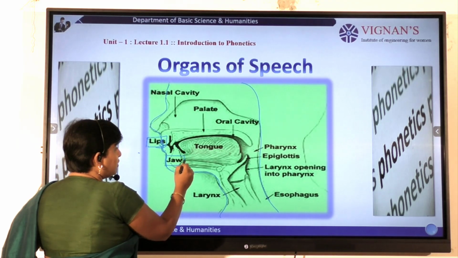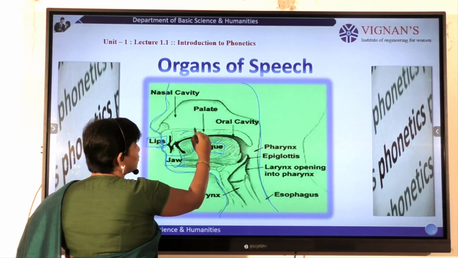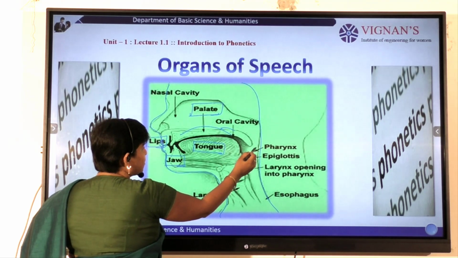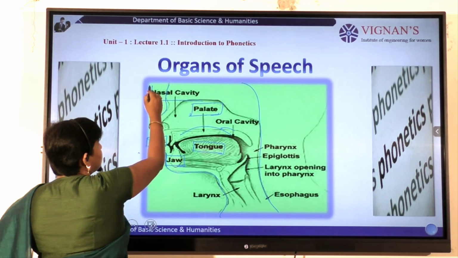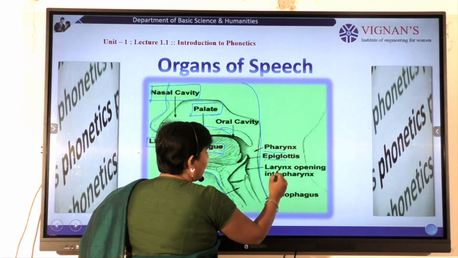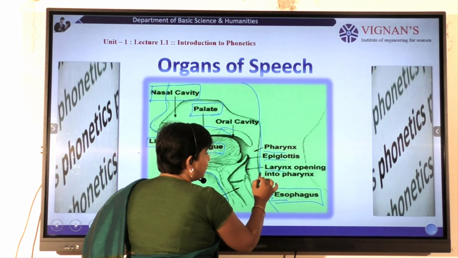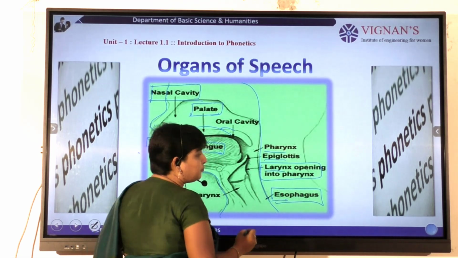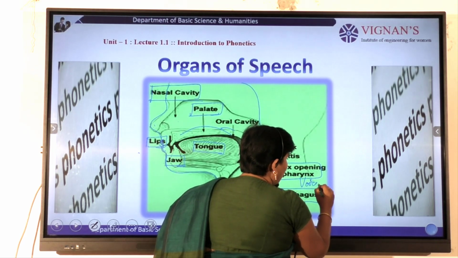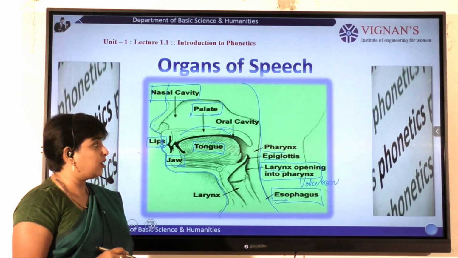This is the jaw region, this is the tongue, the roof of the mouth, the palate, and then the oral cavity, the nasal cavity, the nose, pharynx, epiglottis, larynx, and esophagus. This we would be concentrating on a little. However, the larynx is very important, because the larynx is also known as the voice box.